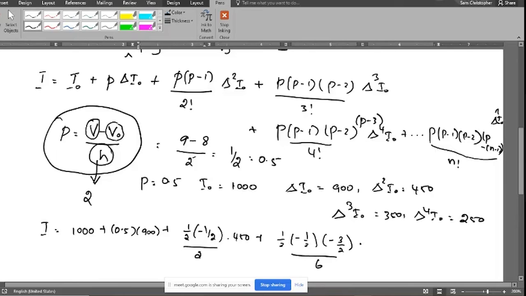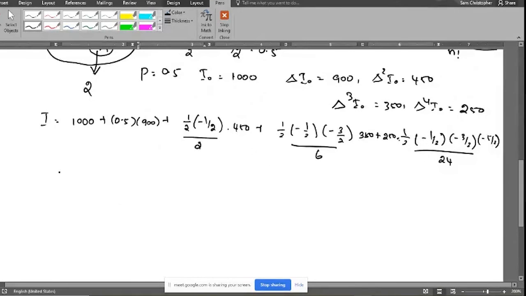Del cube I naught is 350, plus P into P minus 1, P minus 2, P minus 3. So half into minus half into minus 3 by 2 into minus 5 by 2, divided by 4 factorial, which is 24, into 250.